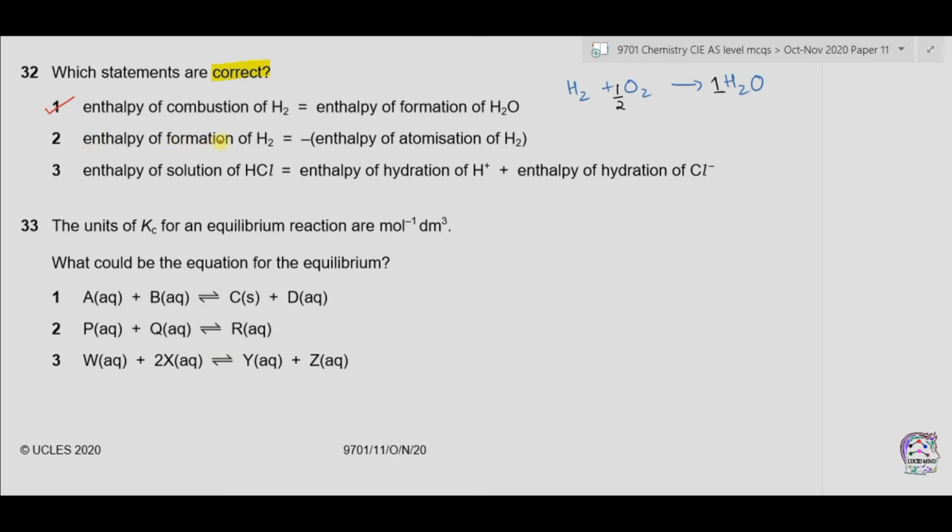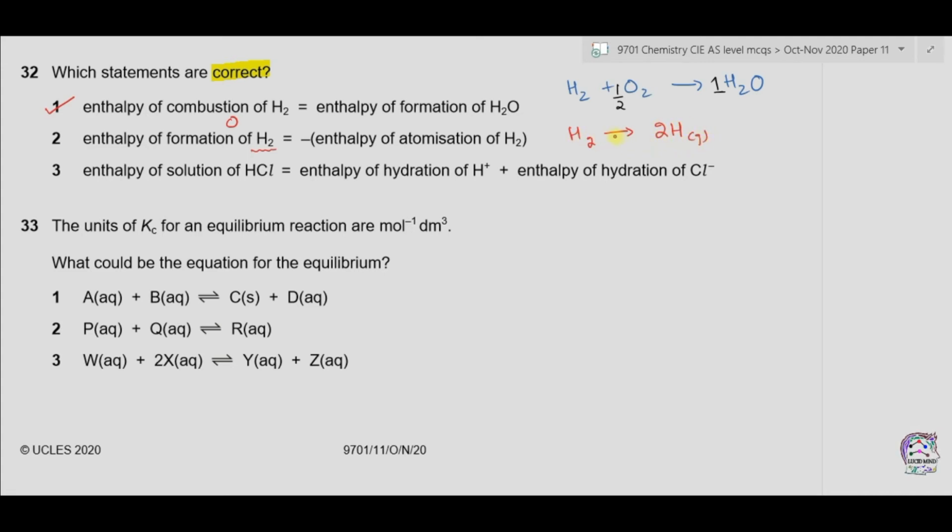2. Enthalpy of formation of hydrogen is equal to enthalpy of atomization of hydrogen. Now as H2 is already in molecular form, the enthalpy of formation of H2 will be equal to 0. While the enthalpy of atomization of hydrogen means that hydrogen molecule converts into hydrogen atoms.